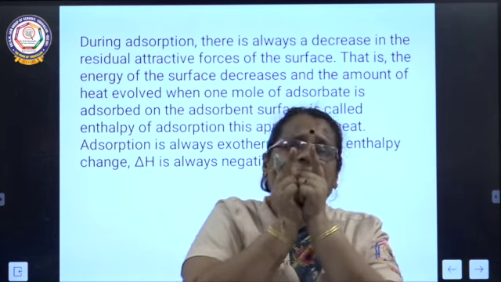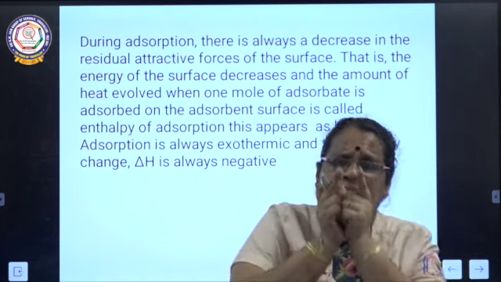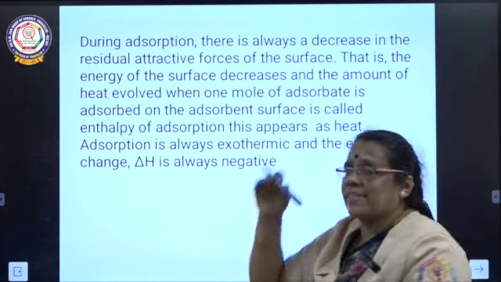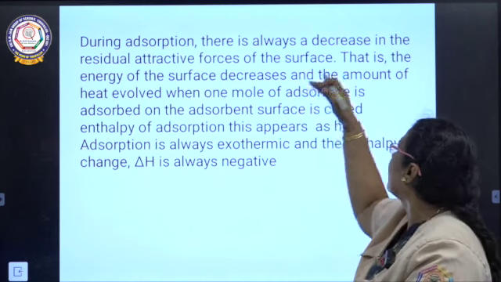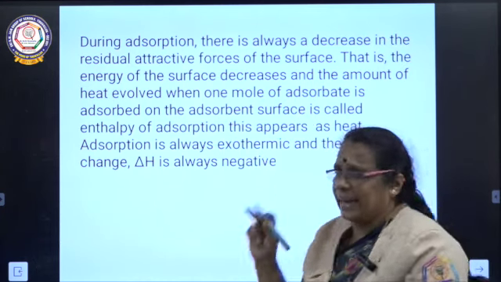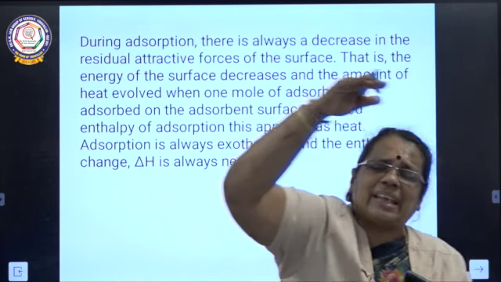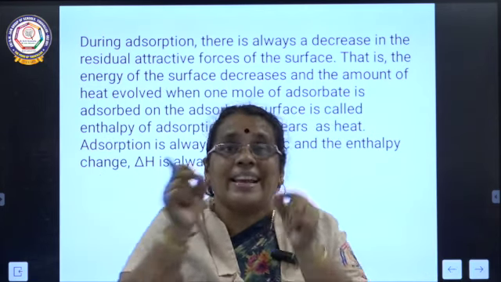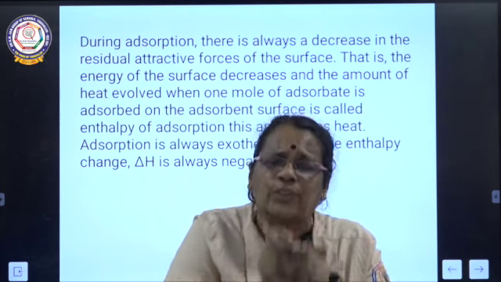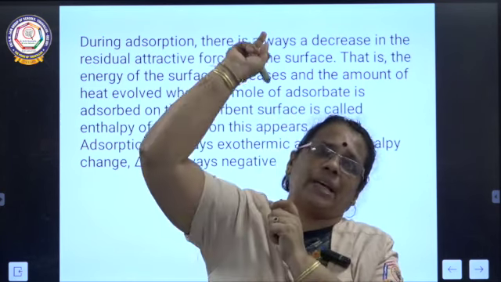So at the surface, how will the residual attractive force be? There will be a decrease in residual attractive force of the surface. That is, the energy of the surface decreases. The residual attractive force, that is unbalanced force, is responsible for adsorption.